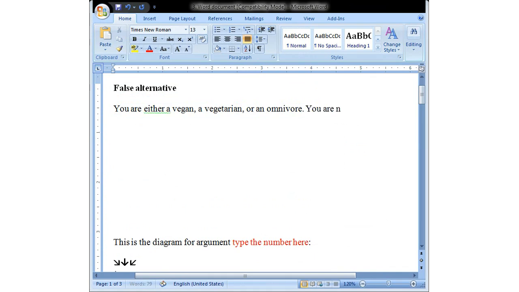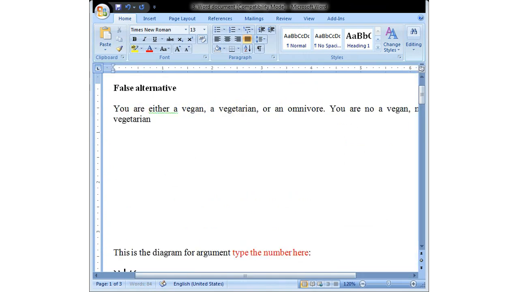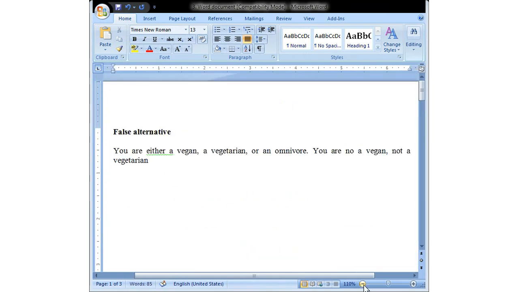You are not vegan, not a vegetarian. So you are an omnivore. Omnivore means pretty much you eat everything. All right, let me check the spelling here. You're either a vegan, a vegetarian, or an omnivore.